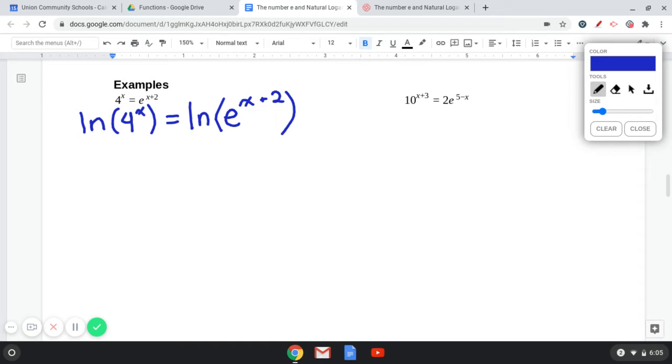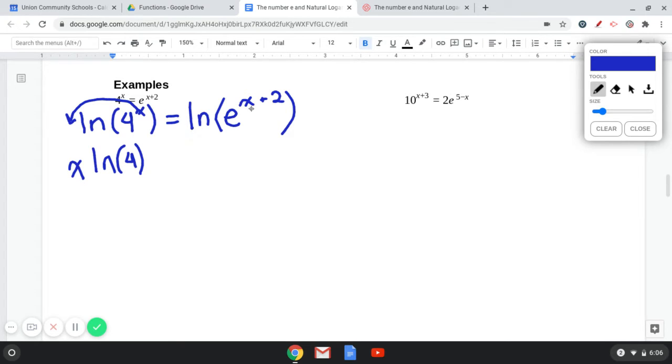And now we can simplify. So properties of logs, we can take this exponent out to become x times the natural log of 4. Remember that the natural log of 4 is just going to be a number. You can use a calculator to find it.